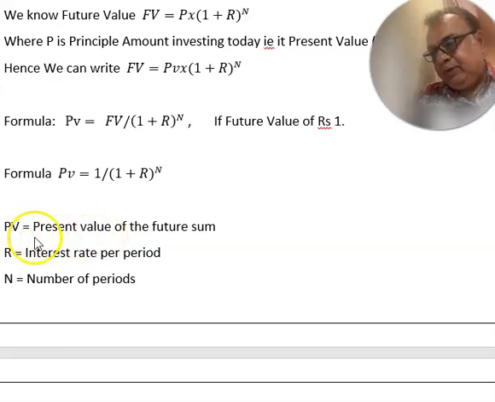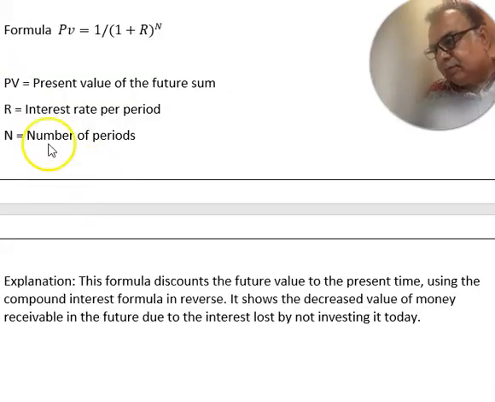PV is the present value of the future sum. R is the interest rate per period. N is the number of periods. This present value formula discounts the future value to the present time using the compound interest formula in reverse.